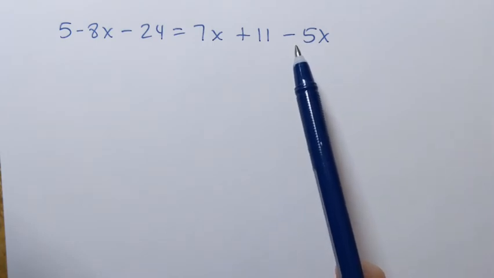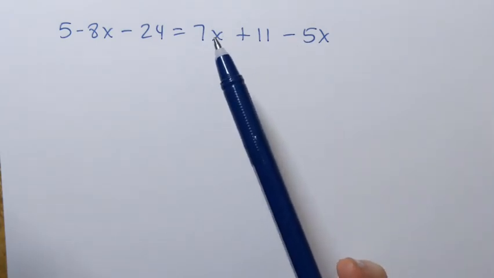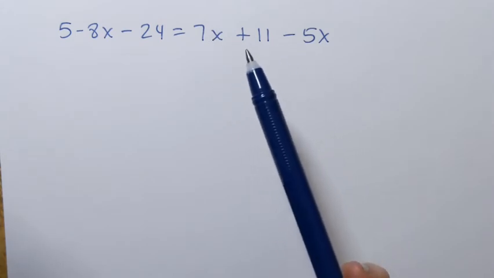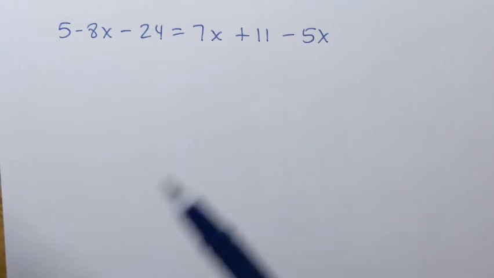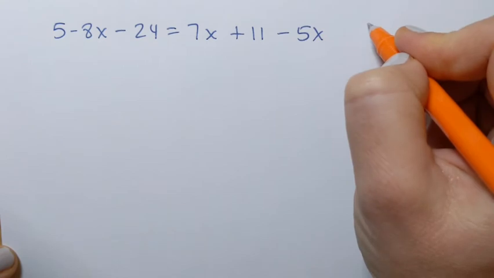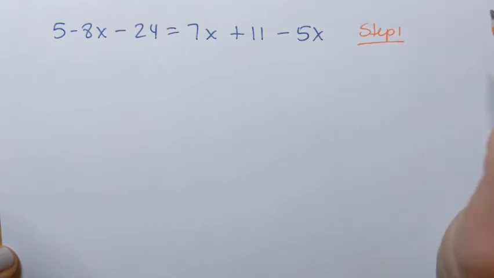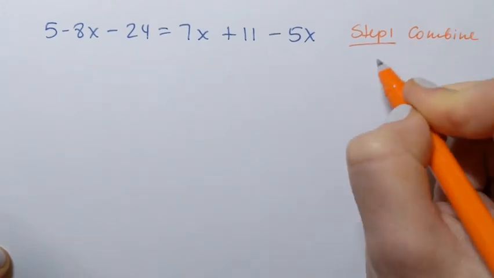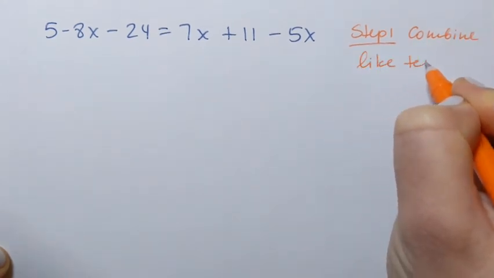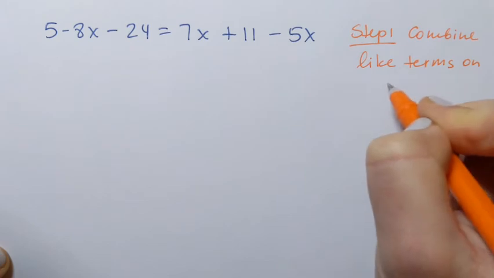So when that happens, when you have the same kind of terms on either side of the equation, then we always start by combining like terms. So that's the very first step in this case. So step 1, combine like terms on both sides.